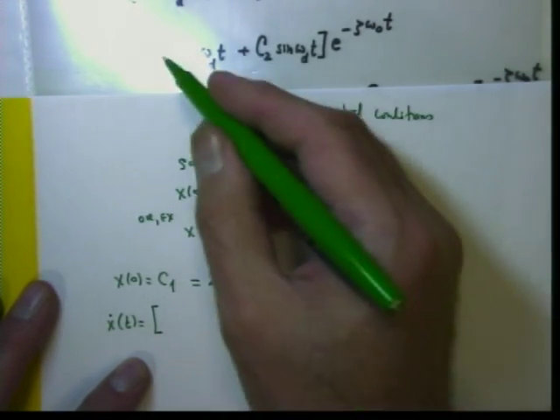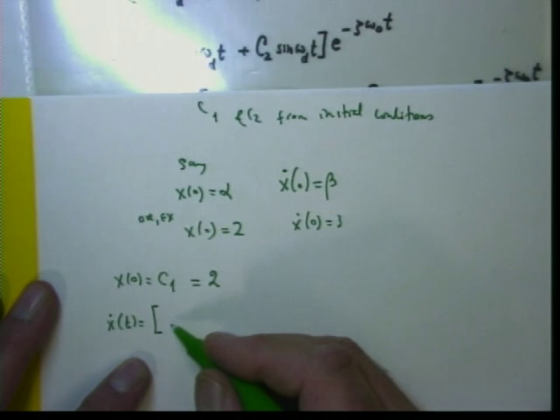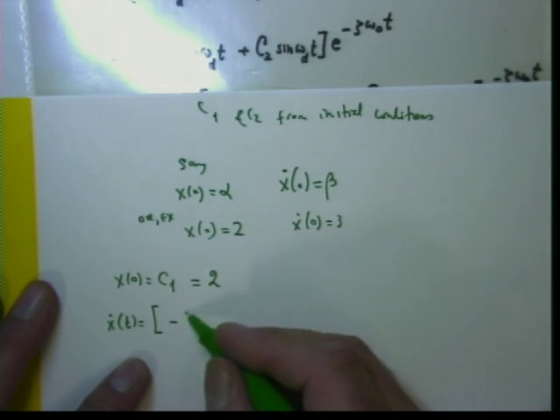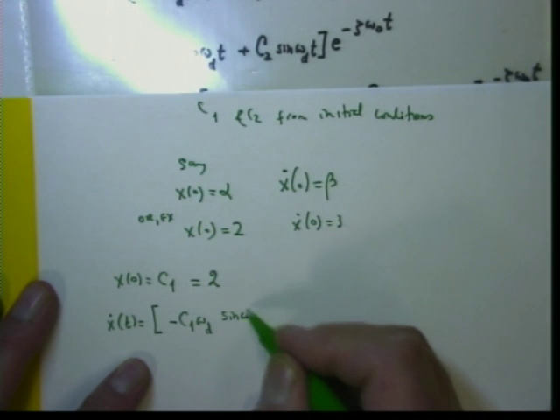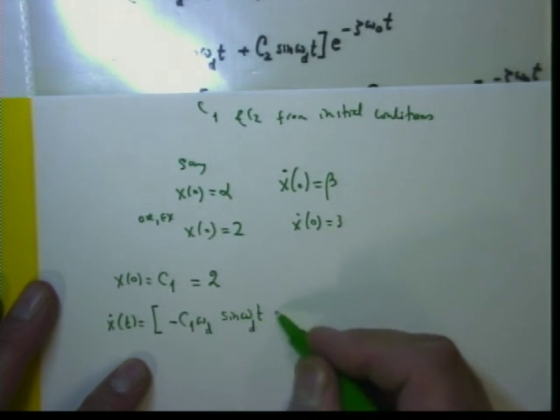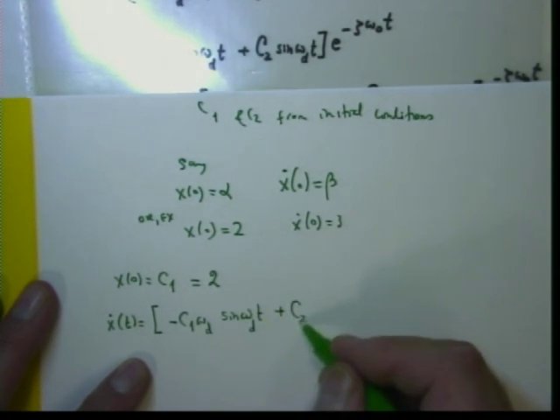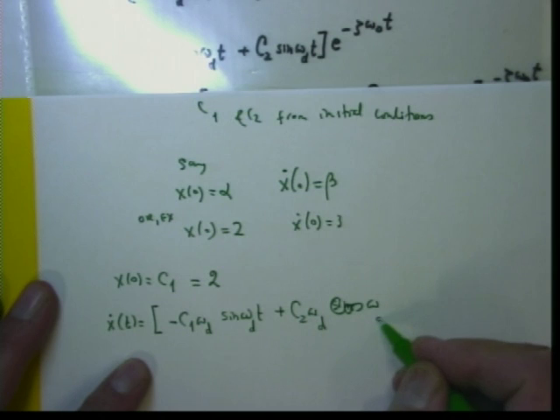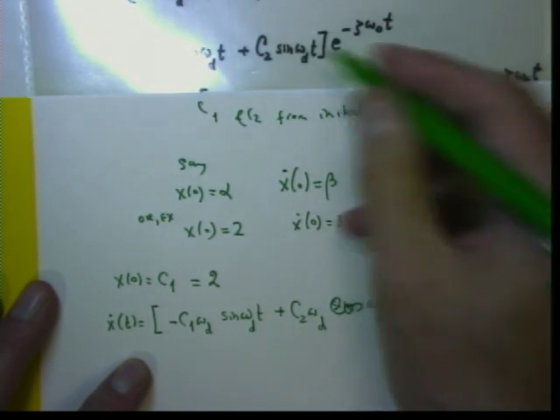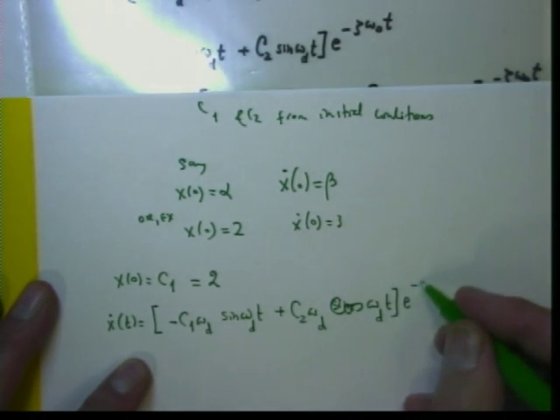So I'm differentiating first this parenthesis: minus C1 omega sub d sine omega sub d t, plus C2 omega sub d cosine omega sub d t. I differentiated this, I leave the exponential as is, e to the power minus zeta omega 0 t.